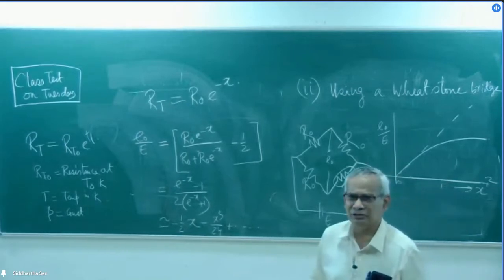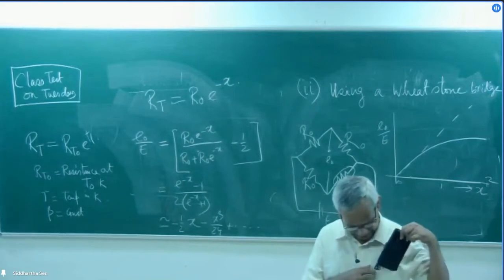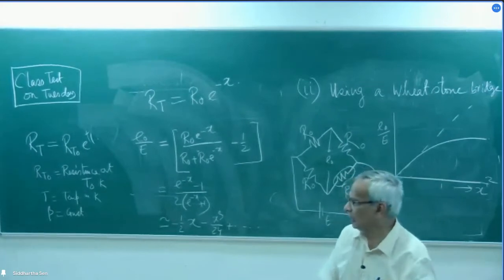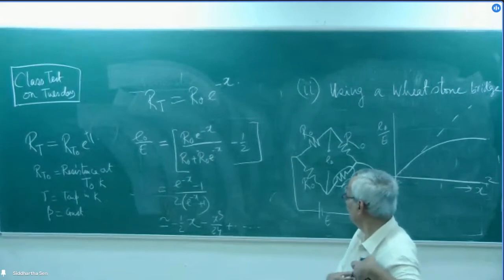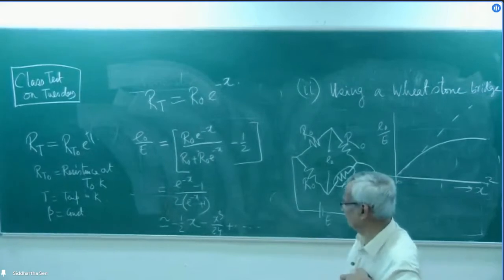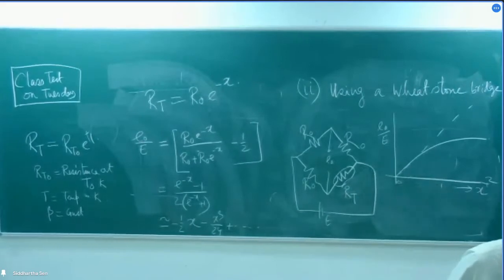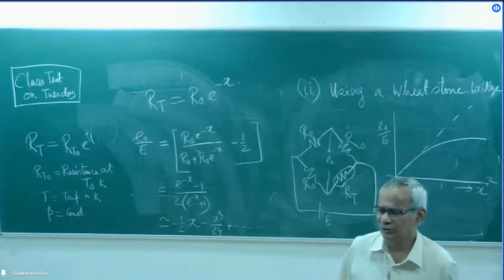If you have any question, I can further clarify it, but I request you to try yourself and solve them, do the calculations which you have skipped and be convinced here. So with this one, I'll stop about thermistor.